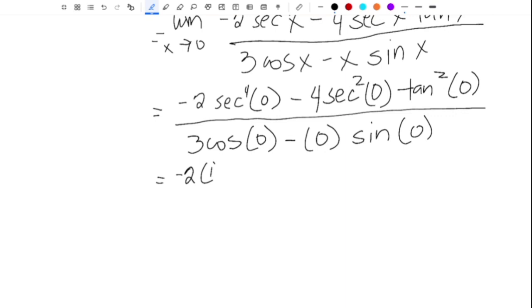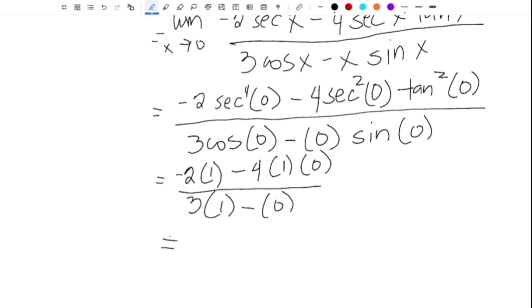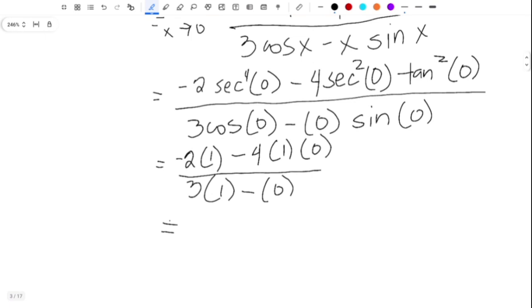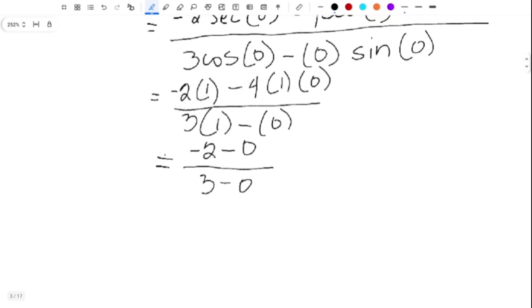Secant 0 squared is also 1. Then tangent 0 squared is 0, and 3 cosine 0 is 3 times 1. Then sine 0 is 0. Now, negative 2 multiplied by 1 is negative 2, minus 4 multiplied by 1 multiplied by 0 gives 0, over 3 multiplied by 1, 3 minus 0.